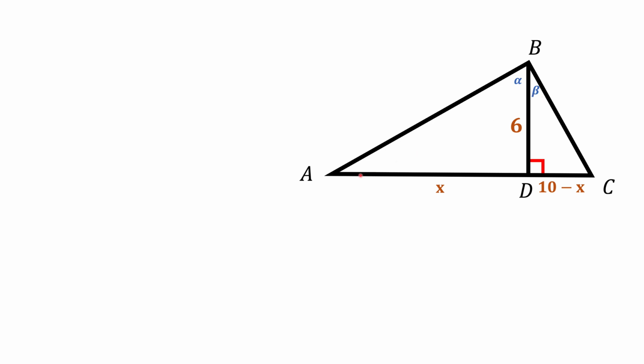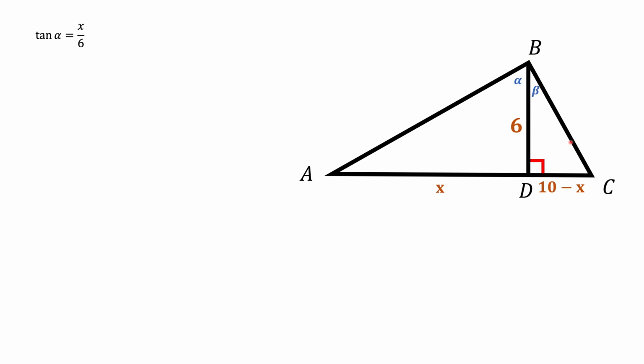And we're going to look at two right triangles, triangle ABD with angle alpha and triangle CBD with angle beta. What we can do now is relate the angles to the sides of those triangles. For example, for triangle ABD, the tangent of angle alpha is the ratio of the opposite leg, which is x, to the adjacent leg, which is 6.